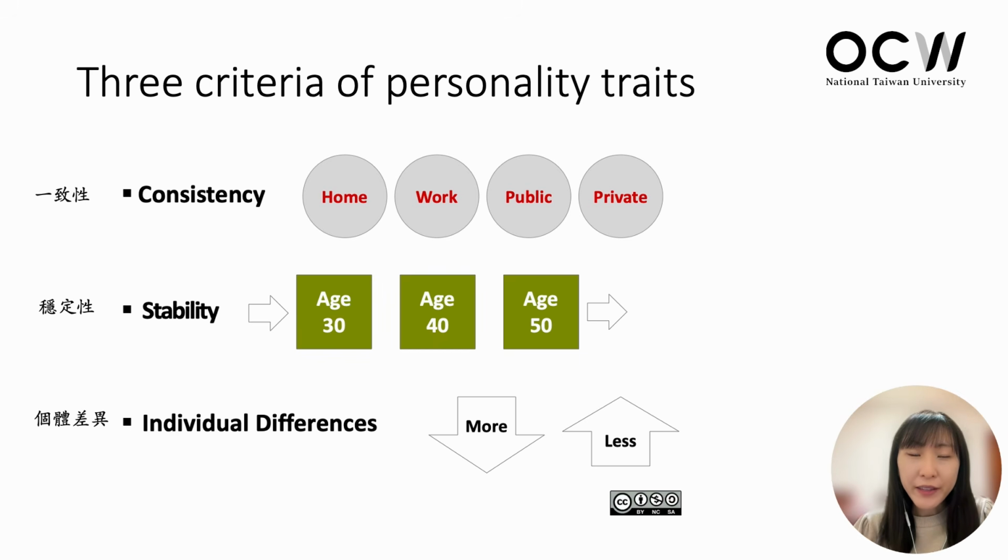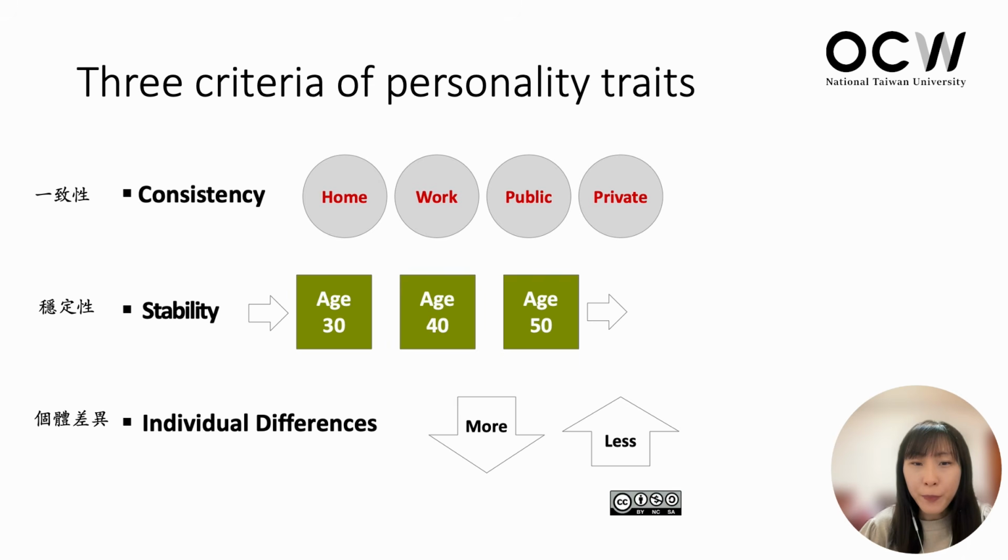There are 3 criteria used to determine whether a quality is considered a personality trait or not. First, for a quality to be considered a personality trait, the behaviors associated with it must be consistent across different contexts. Let's take the trait of being talkative as an example.